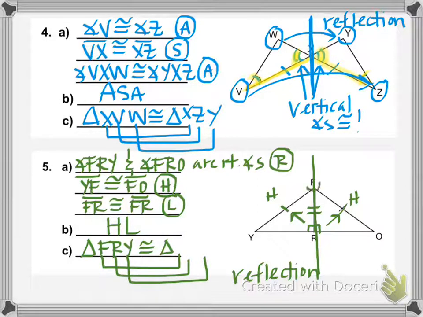F on the left goes with F on the right because it reflects upon itself. Same with R. R on the left matches up with R on the right because it reflects onto itself. And then the Y on the left flips over to the O on the right. So there's our triangle congruent statement. So there's another example of ASA and HL.